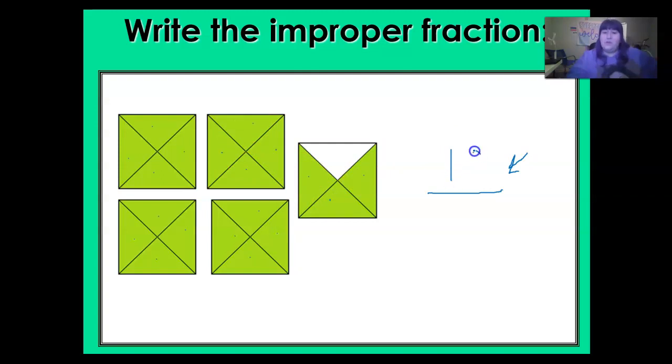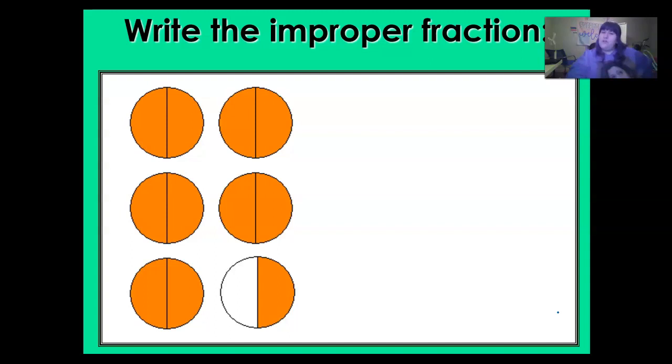That's how many individual parts we have shaded in. And for our denominator, we have to ask ourselves, how many parts are in one whole? Well, if I look at just one whole, I see there are 1, 2, 3, 4 parts. So this improper fraction is 19/4.